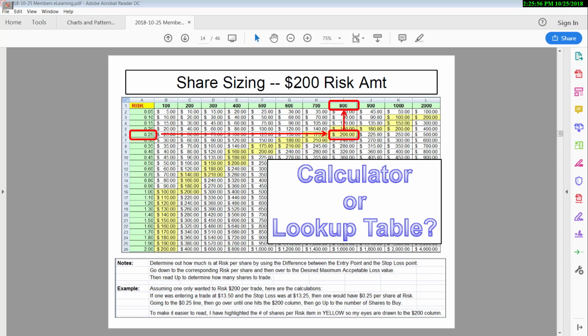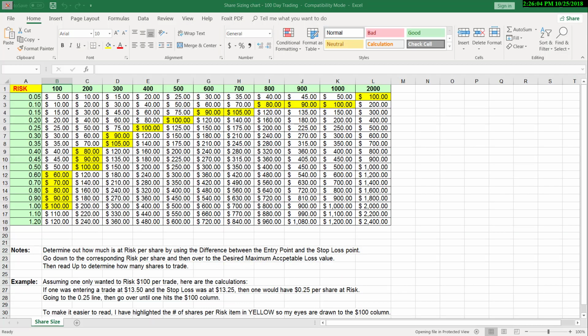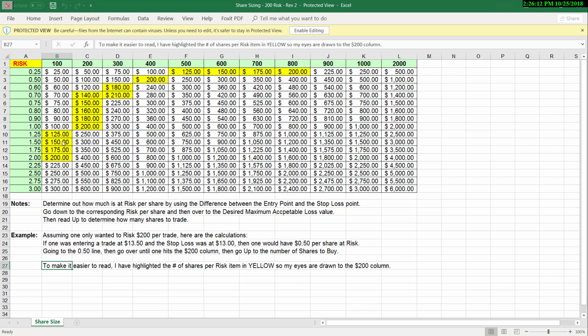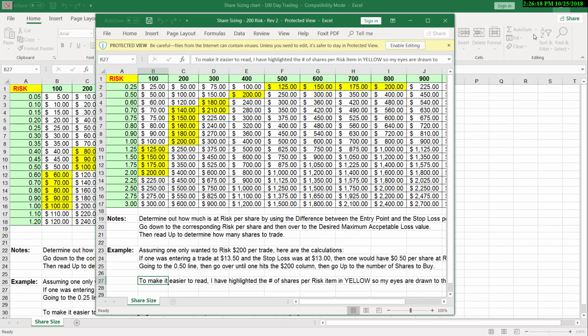Let me make sure this is working. You're welcome, Valerie. All you have to do is enable editing, change the shading, and it works. Okay, works for me.